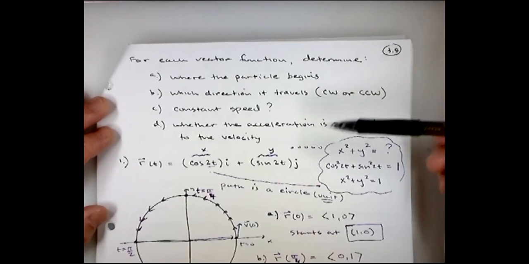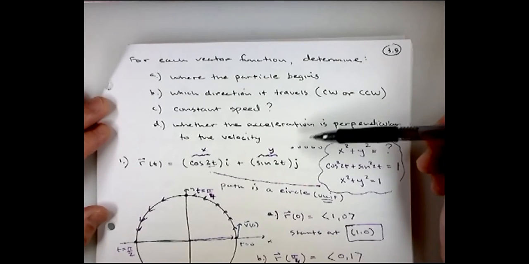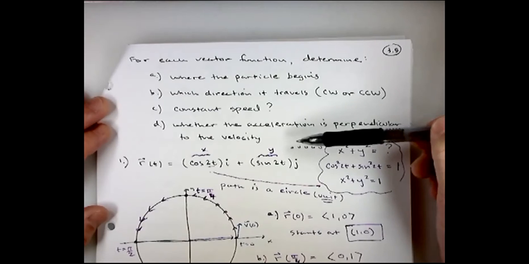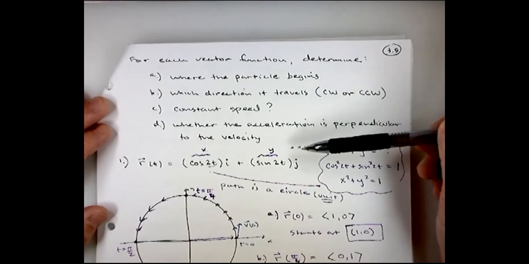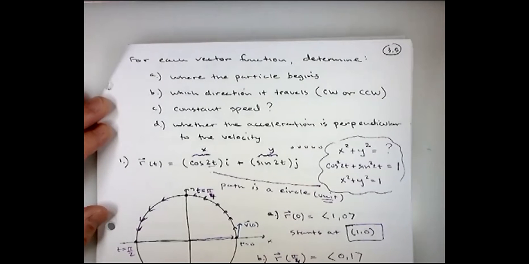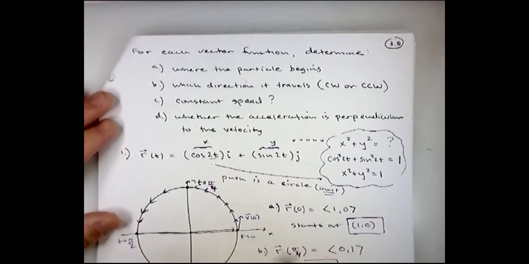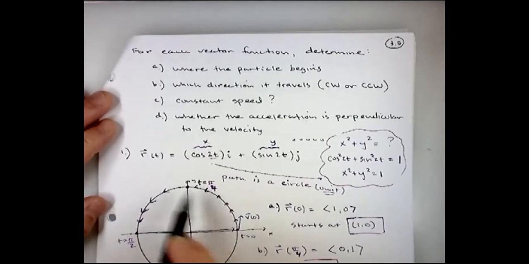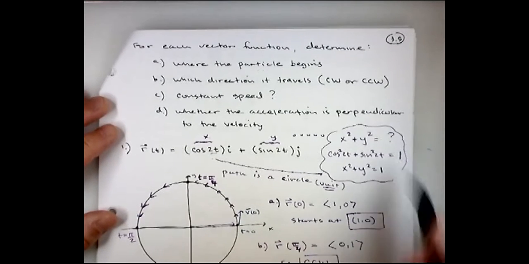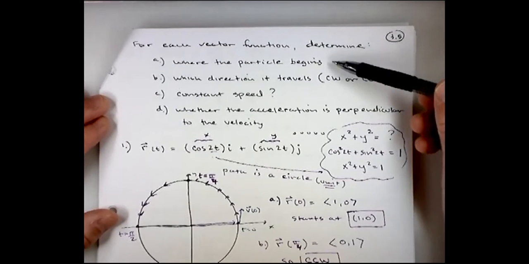And this is directly related to that. For vector valued functions, there are lots of vector valued functions that can trace out a circle. And some of the things that might vary is, if it's tracing out a circle, where is it starting, right? What direction is the circle being traced out? Things like that.